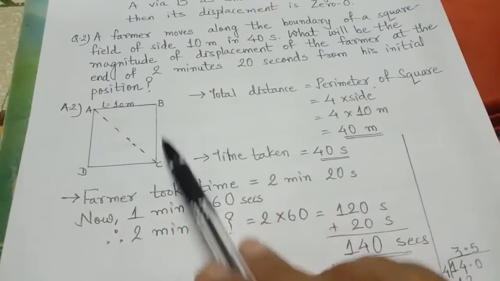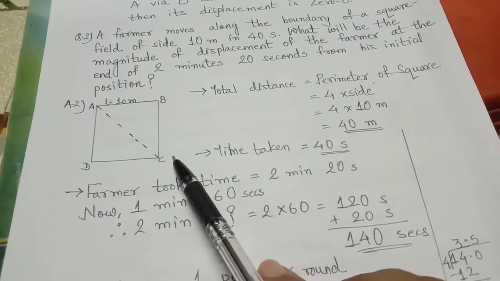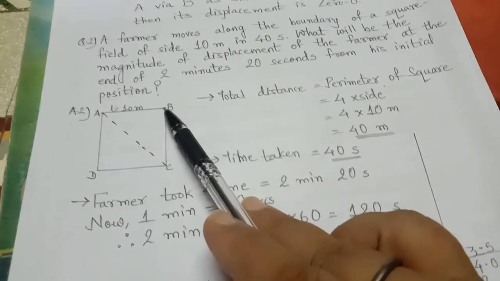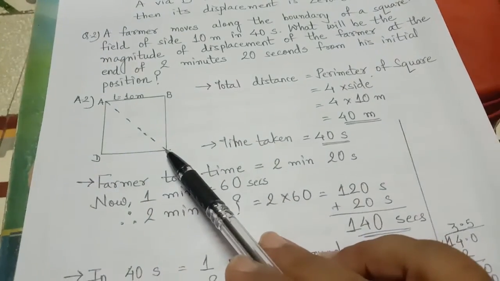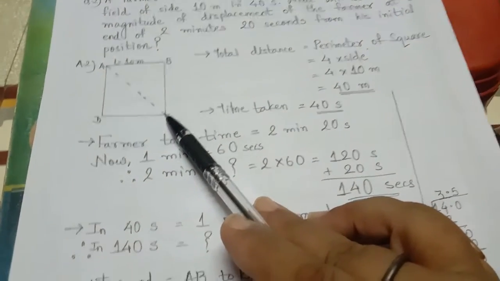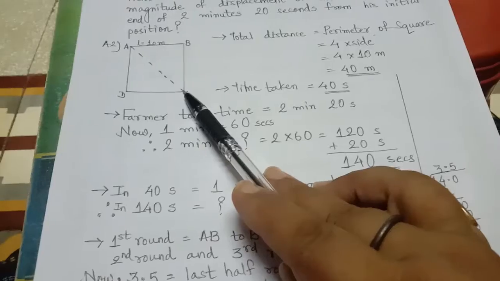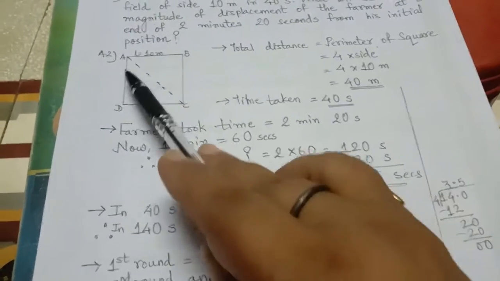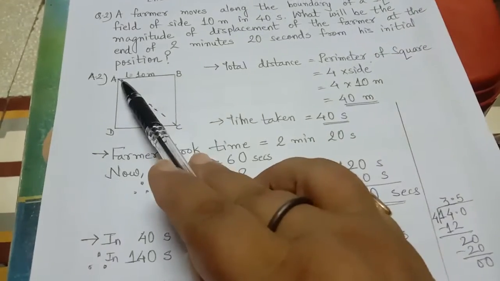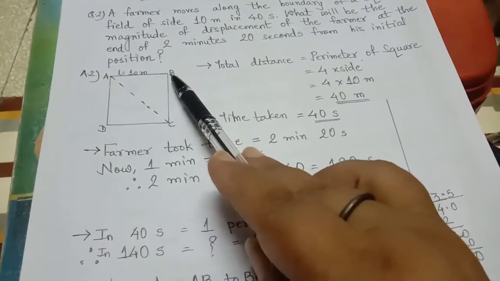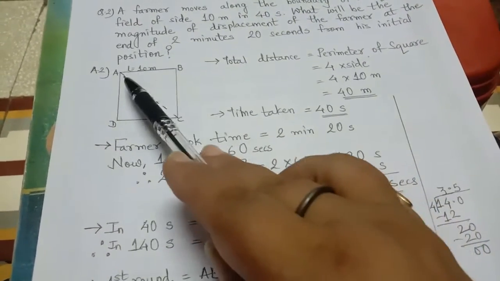So this is one right triangle, and this is another right triangle. The side opposite to the right angle is the hypotenuse. On the basis of Pythagoras, we can calculate this hypotenuse: AB square plus BC square gives us AC square.